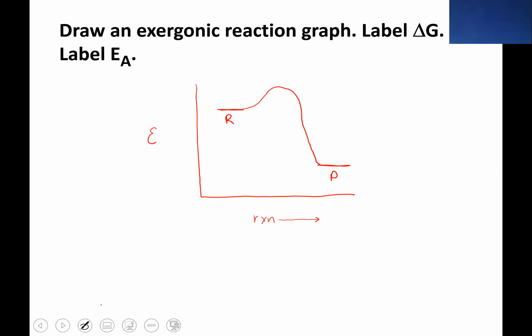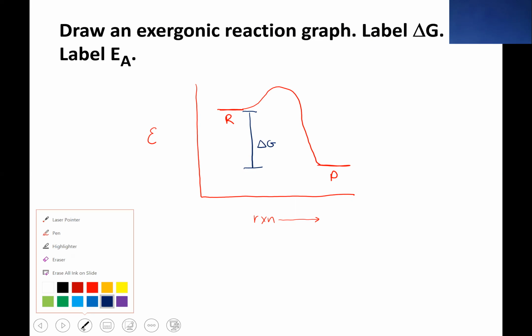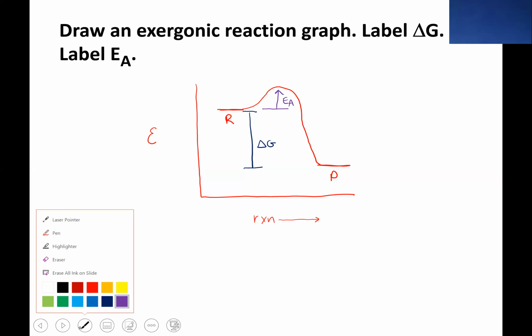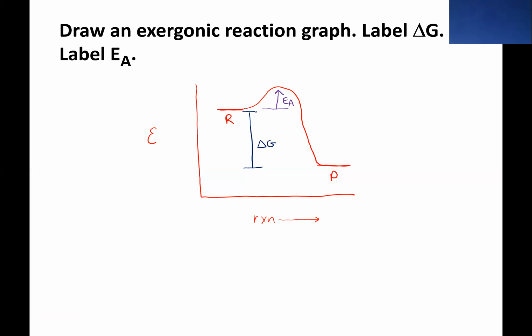The delta G is always the difference between the products and the reactants, so that's the delta G, and the EA is always the reactants to the hump. So if you were going to draw the effect of an enzyme, you would just draw everything the same and decrease that hump.